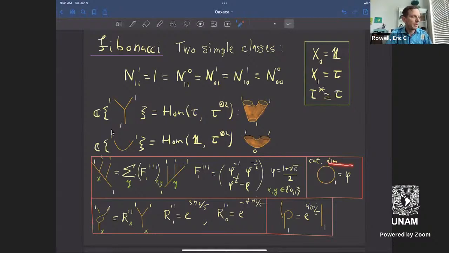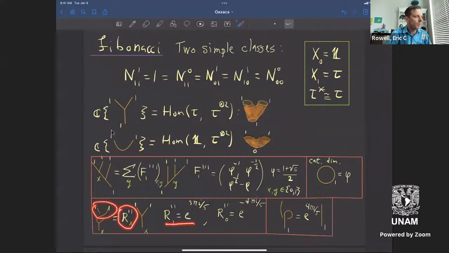The categorical dimension of this object here is the golden mean, and that coincides in this case with the FP dimension. Now the braidings, so if I want to braid in this way, I have a matrix R, and I can write down exactly what these are.